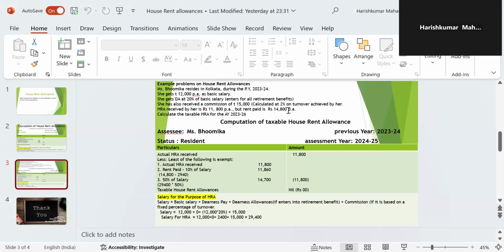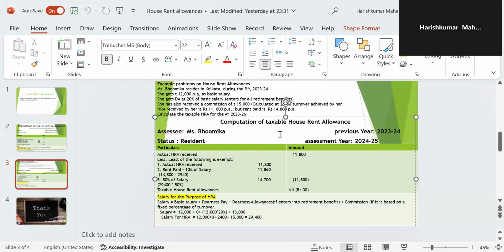She also received a commission of 15,000 rupees calculated at 2% on turnover achieved by her. It's already calculated; they gave 15,000 as commission. Next, HRA received by her is 11,800 per annum. Ms. Bhumika is receiving HRA from her employer of rupees 11,800 per annum, but she is paying rent of rupees 14,800 per annum. Calculate taxable HRA.